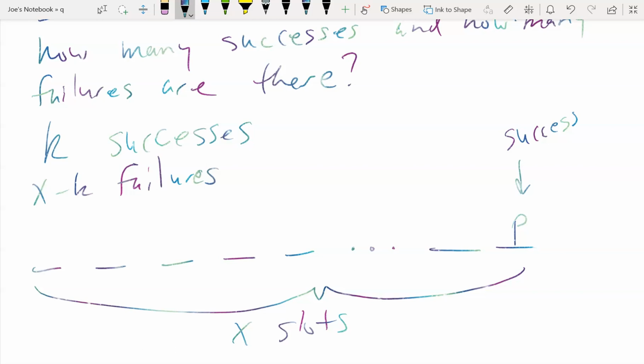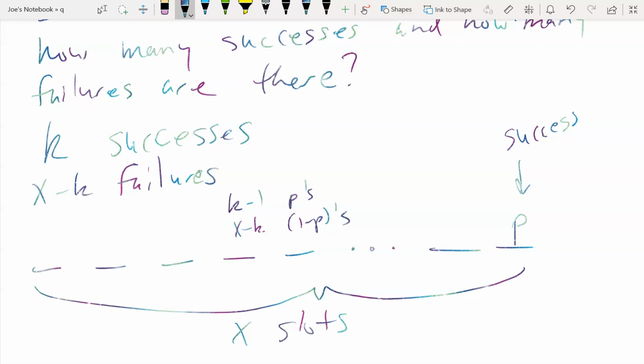Various p's and 1 minus p's, right? How many p's and how many 1 minus p's? k minus 1 p's and x minus k 1 minus p's. I still have to have that many failures; I didn't use a failure up.